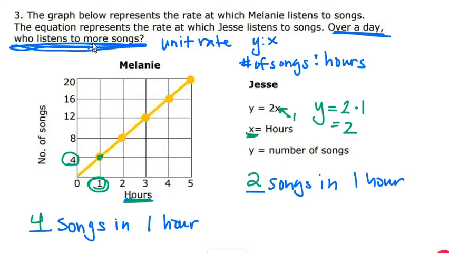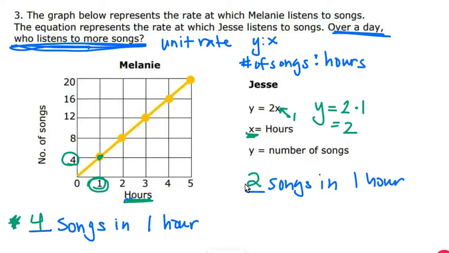Over a day, who listens to more songs? Well, in 1 hour, who listened to more songs? Melanie. Melanie listened to 4 songs in 1 hour. Jessie listened to 2. So if Melanie listened to more songs in 1 hour, based on the rate, it's a constant rate of change, that means she would listen to more in 24 hours.